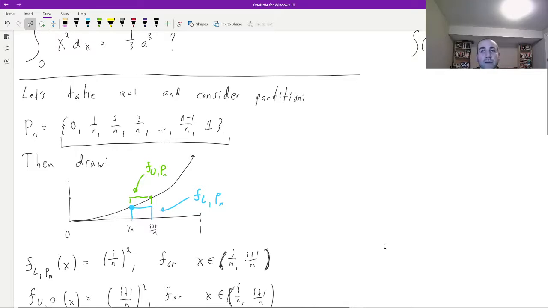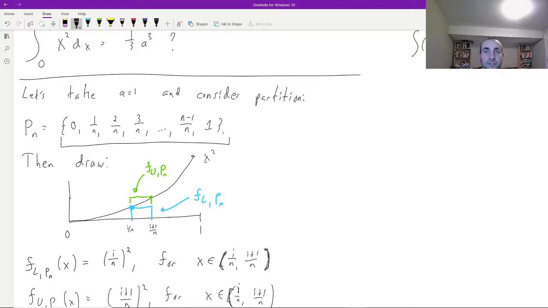So I'm going to draw my function, and I can draw my upper and lower bound functions as well. So here's my function f of x is equal to x squared, or at least very roughly, on the interval 0, 1. And I'm going to zoom in on one part of the partition, looking at the subinterval from i over n to i plus 1 over n. And it's straightforward to check what the lower and upper bound functions are, since x squared is monotone.